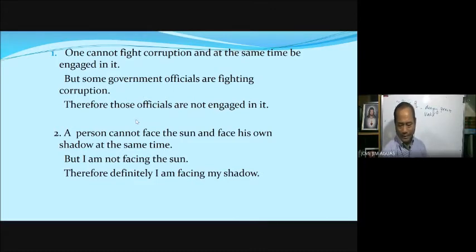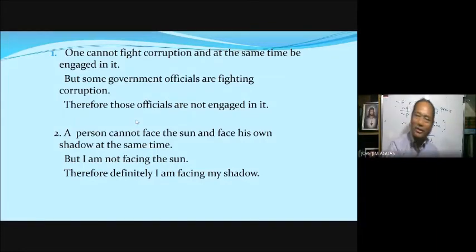So, cannot be sun and shadow. It's your own schema. You cannot face the sun and your shadow at the same time. I'm not facing the sun, not the sun. Therefore, I am facing my shadow. Therefore, shadow.